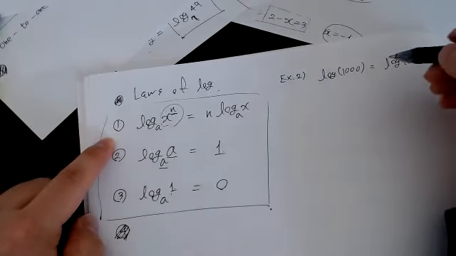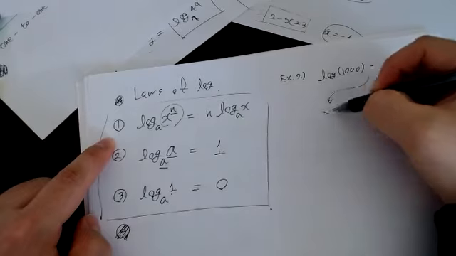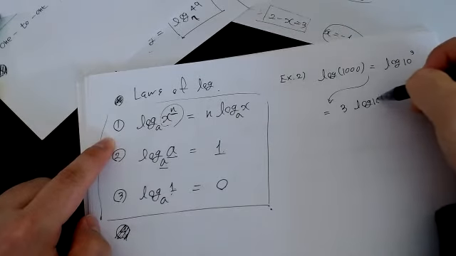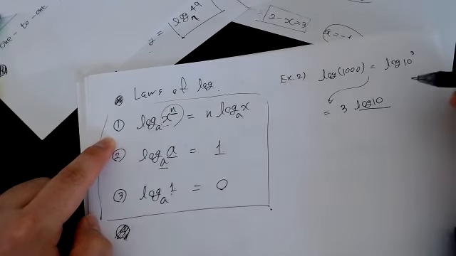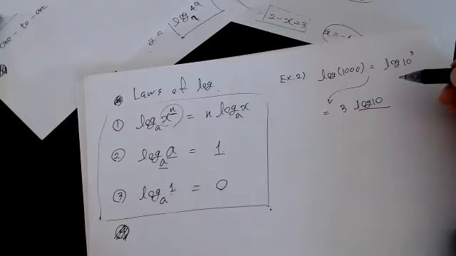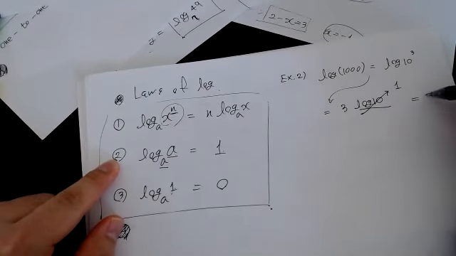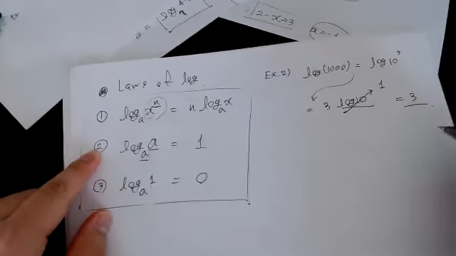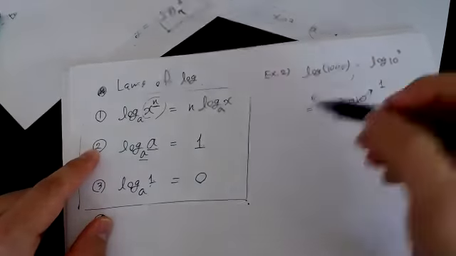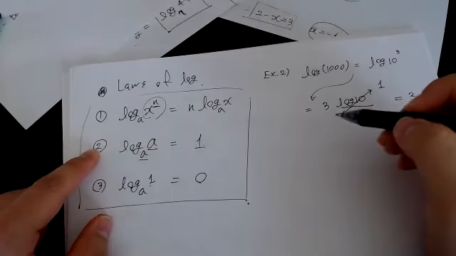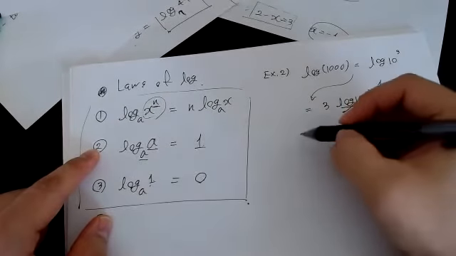So then this is equal to 3 times log of 10. Since this is a common log, the base is 10. By the second law, log of 10 must be 1. So we got 3. Or you can figure out the answer like this.